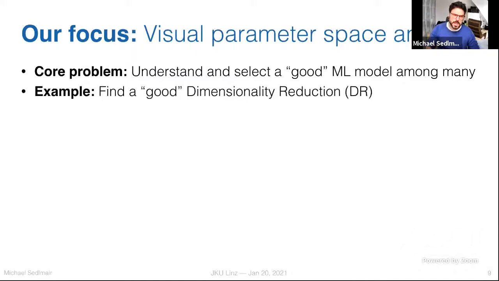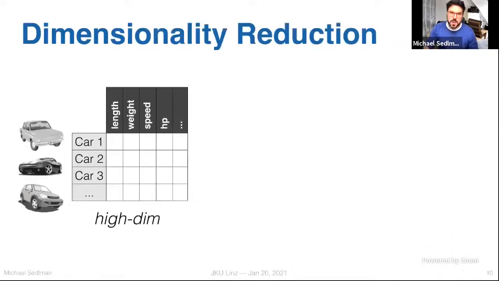I want to use a concrete example to do that with my favorite type of machine learning models, if you want. This is dimensionality reduction algorithms, which are often used in the pipeline of machine learning models. Probably all of you know that, but let's just briefly recall what a dimensionality reduction algorithm is.